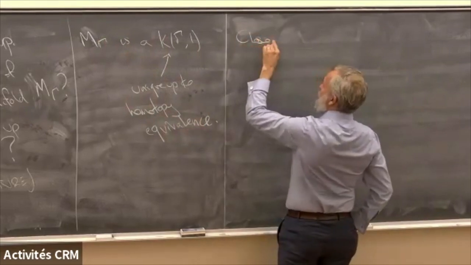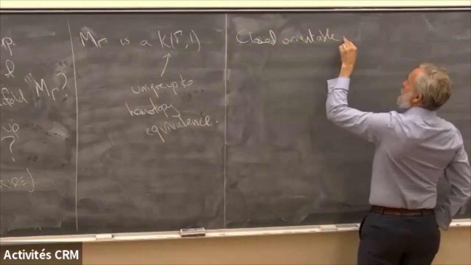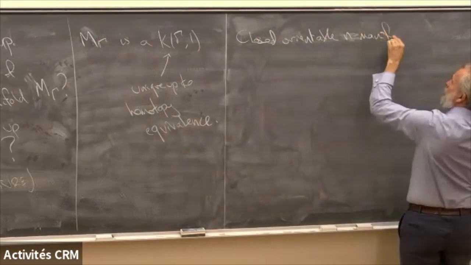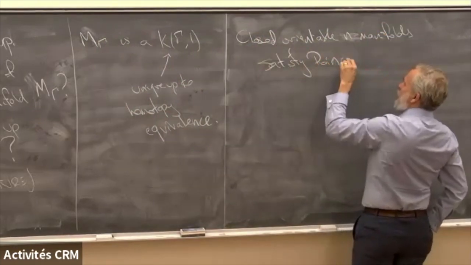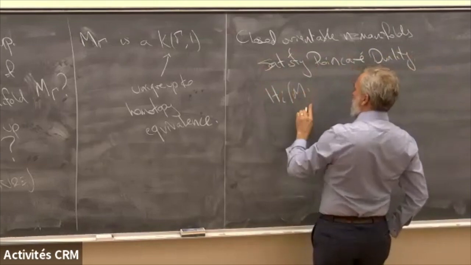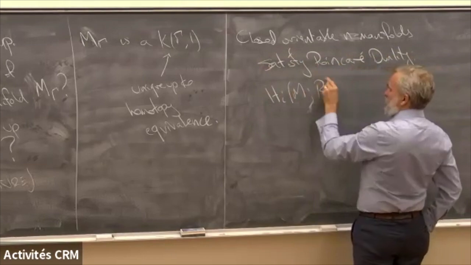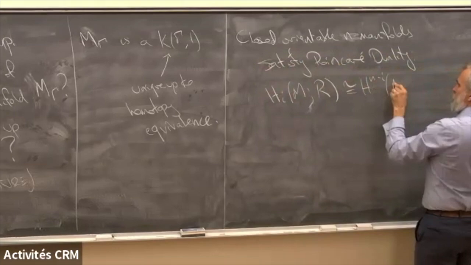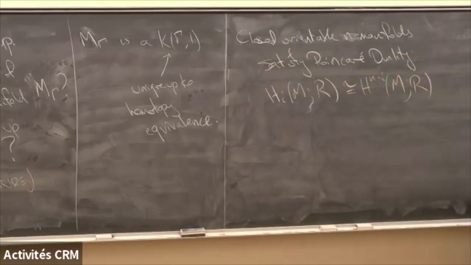In particular, closed orientable N manifolds satisfy Poincare duality. So the ith homology of M with coefficients in your ring is isomorphic to the N minus ith cohomology of M with the same coefficients. And that isomorphism is realized by capping with the fundamental class. Something else you learn in that famous first course in algebraic topology.